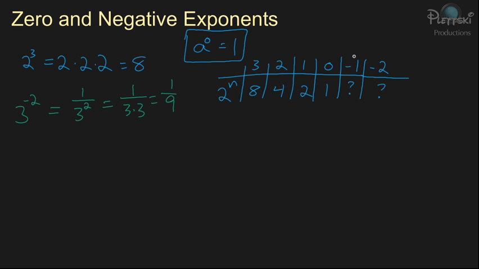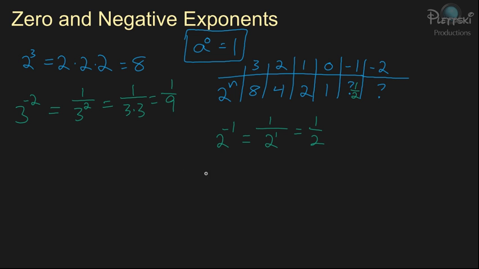So to complete our chart over here, 2 to the negative 1 power, you're going to take the reciprocal and change the exponent to a positive. In this case, it would be 1 over 2 to the 1 power, which is the same thing as 1 over 2. So our answer is 1 over 2.